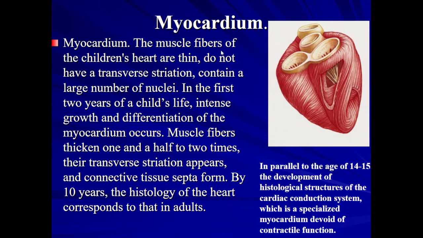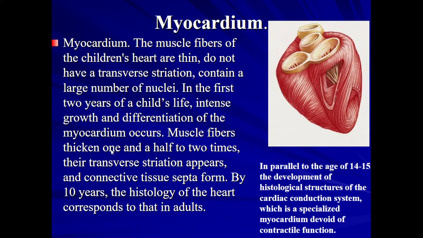Myocardial muscle fibers of the children's heart are thin, don't have transverse striation, and contain a large number of nuclei. In the first 2 years of the child's life, intense growth and differentiation of the myocardium occur.